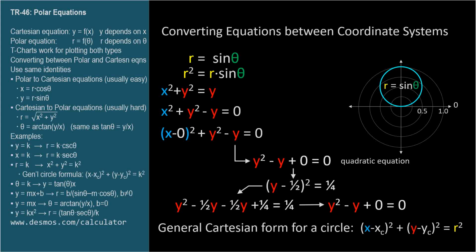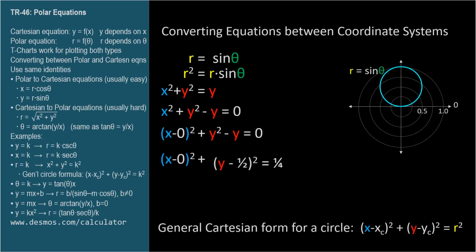Usually, completing the square is used to solve quadratic equations, but in this case, we've just used the technique to change the format of the equation to match the general Cartesian form of a circle. Our converted equation can now be written as x minus 0 squared plus y minus 1/2 squared equals 1/4. This almost matches the general form for the equation of a circle.